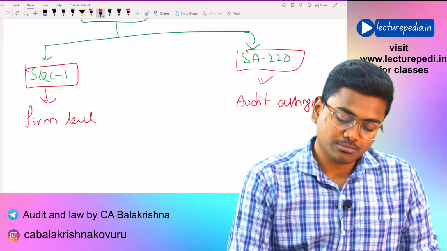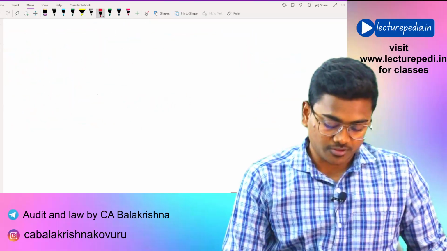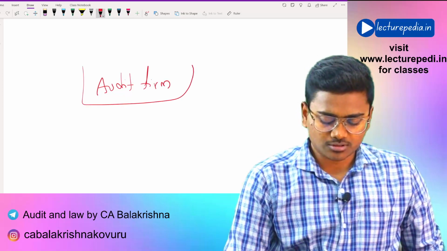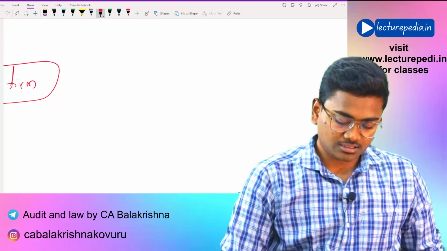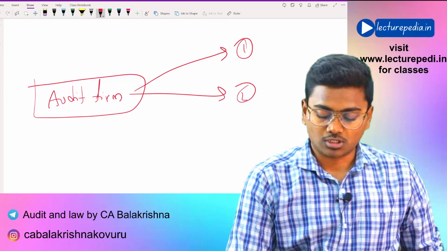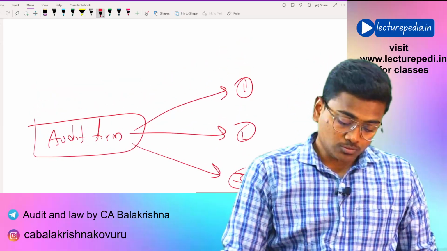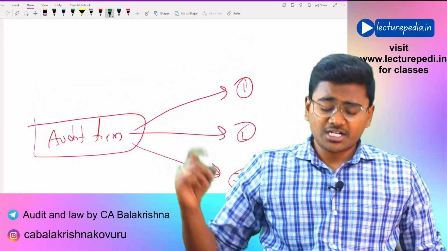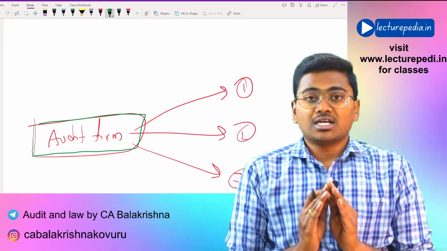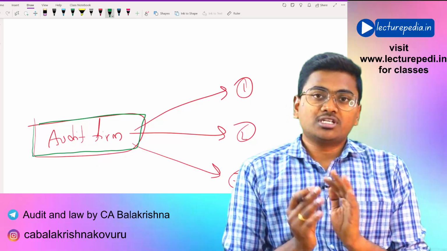Audit assignment level. Now there is an audit firm. This audit firm will conduct various audits, right? Audit 1, audit 2, audit 3, like this it will conduct various audits. Internally, this audit firm should establish policies and procedures related to quality control.